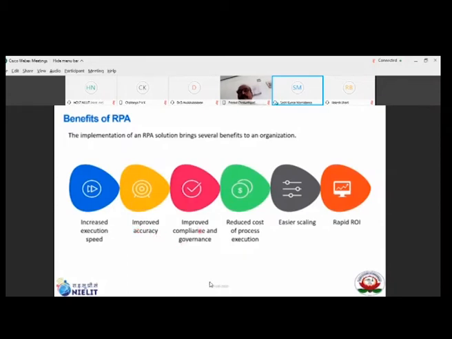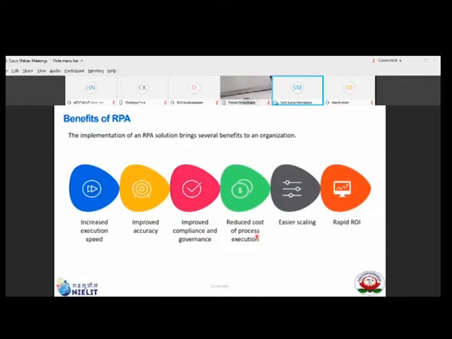The third is improved compliance and governance because there are set rules, and these are the only rules the bot can follow because that is how it is programmed. But humans, knowingly or unknowingly, tend to commit mistakes, which could in turn create compliance or governance issues. So we improve on that as well.